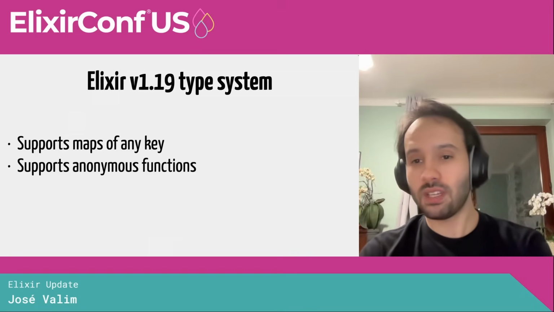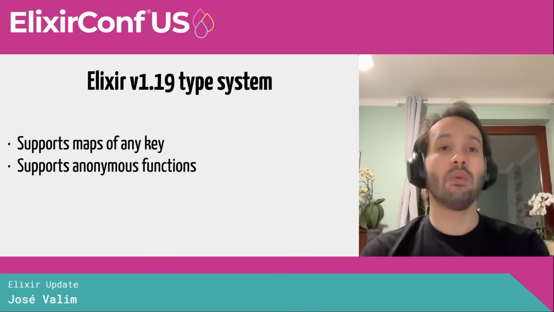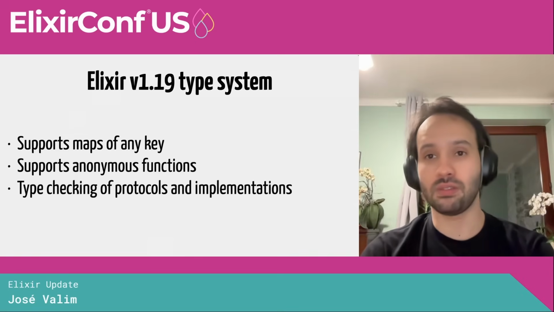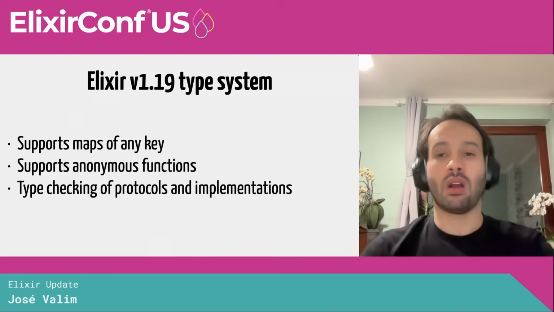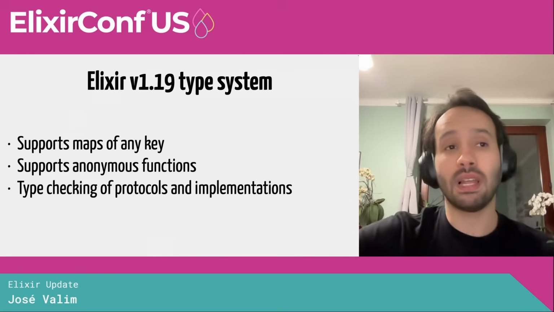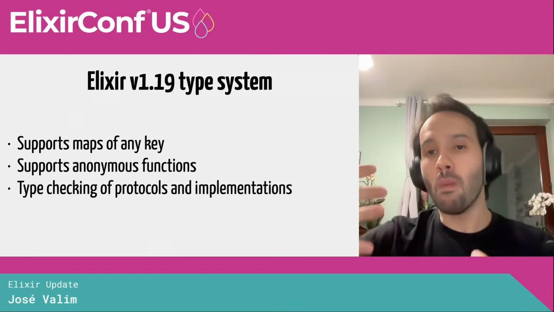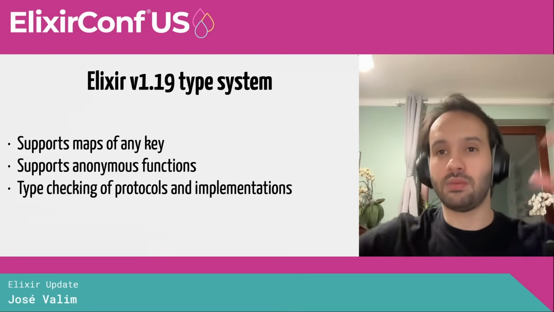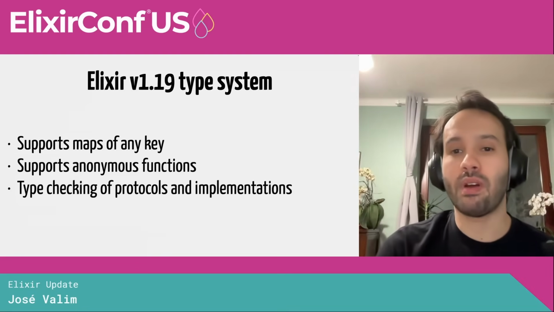We support anonymous functions. And we also support type checking of protocols and implementations, right? So as each release passes, we start supporting more complex data types, more complex language constructs. And as we start connecting those dots, we are going to get more typing violations.